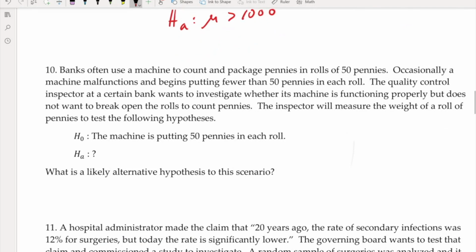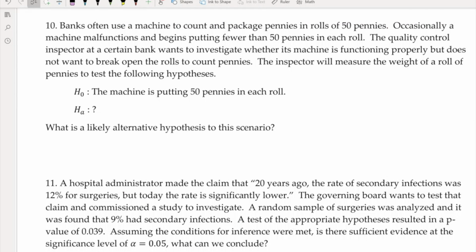Number 10, banks often use a machine to count and package pennies in rolls of 50 pennies. Occasionally, a machine malfunctions and begins putting fewer than 50 pennies in each roll. The quality control inspector at a certain bank wants to investigate whether its machine is functioning properly, but does not want to break open the rolls to count pennies. The inspector will measure the weight of a roll of pennies to test the following hypotheses.